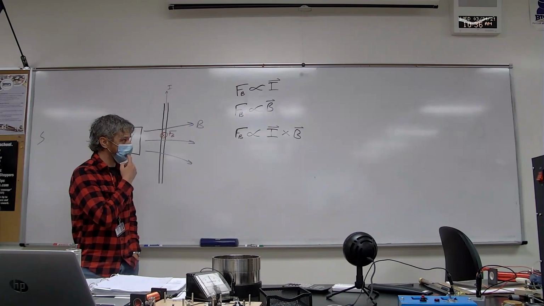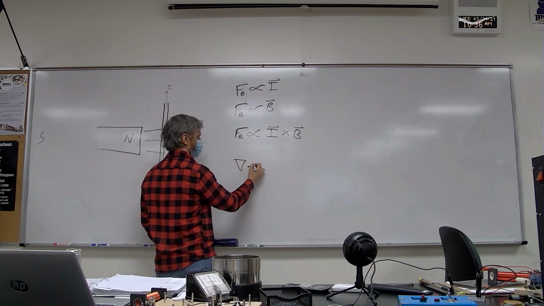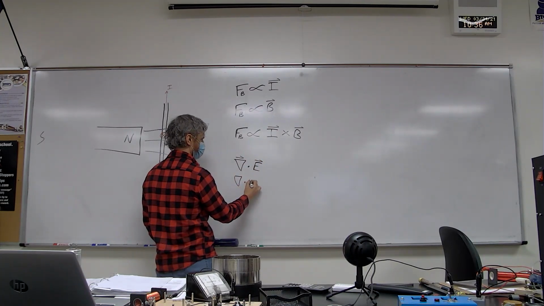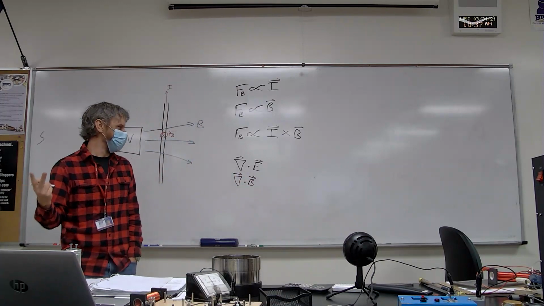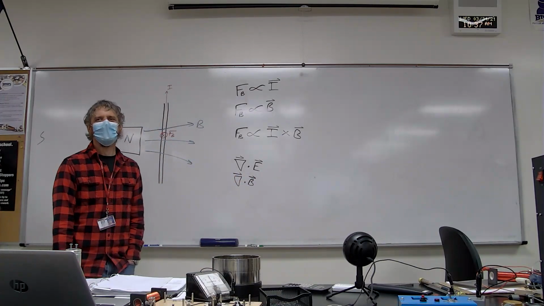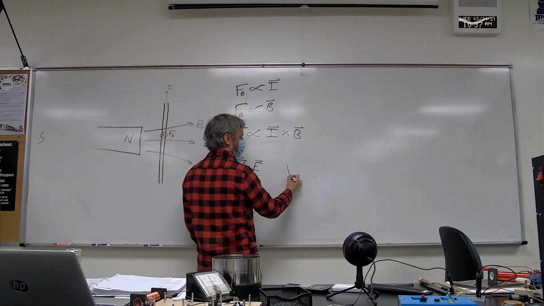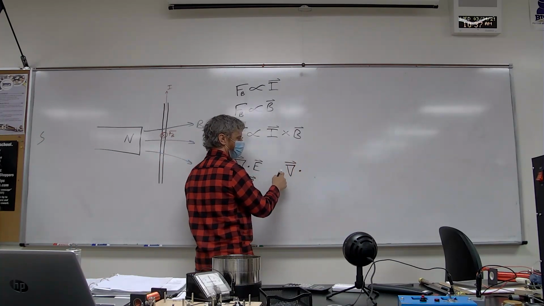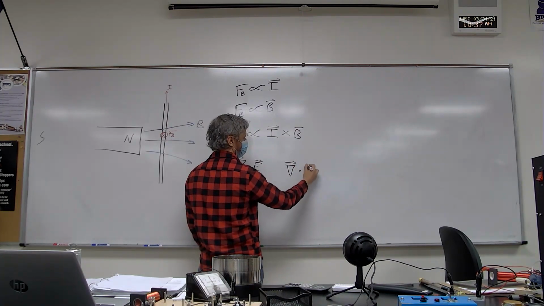And by the way, this is the divergence of the electric field. This is the divergence of the magnetic field. The other two Maxwell equations deal with the cross product of the del operator with the electric field.